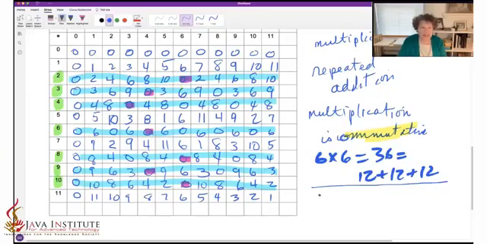Let's look at some of these. 2 times 6 equals 0. 3 times 4 equals 0. Okay, I'm interested in the 2 and the 3 and the 4. 4 times 3 equals 0. And then we have 6 times 4 equals 0. We also had 6 times 2. And then 8 times 6. And we had 10 times 6 equals 0.